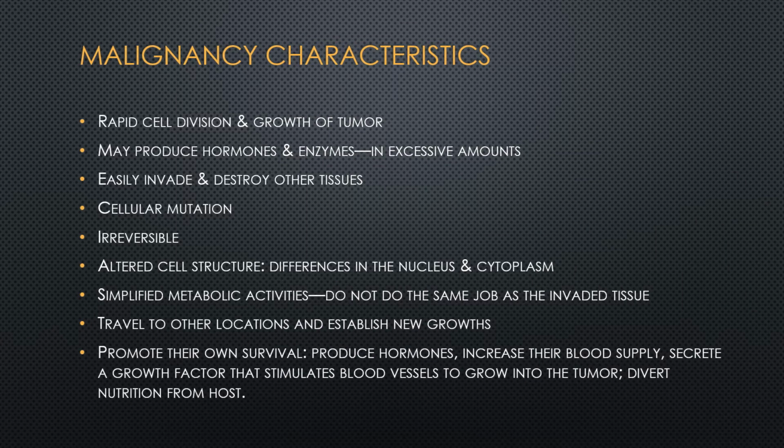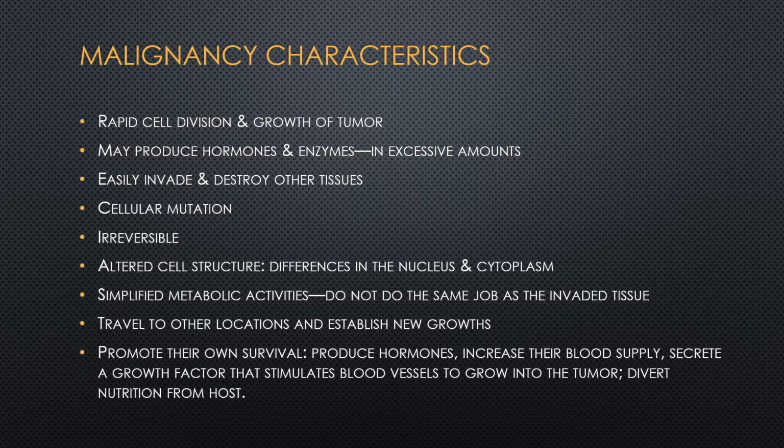Characteristics of a malignancy are rapid cell division and growth of the tumor. It can produce hormones and enzymes in excessive amounts, and depending on where the tumor is, whatever organ hormones there are, it may be excessive amounts of that. It easily invades and destroys other tissues.